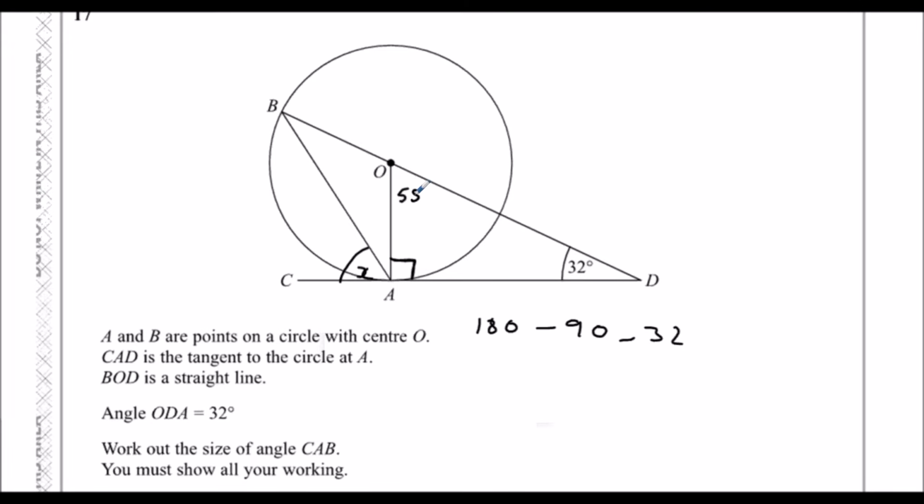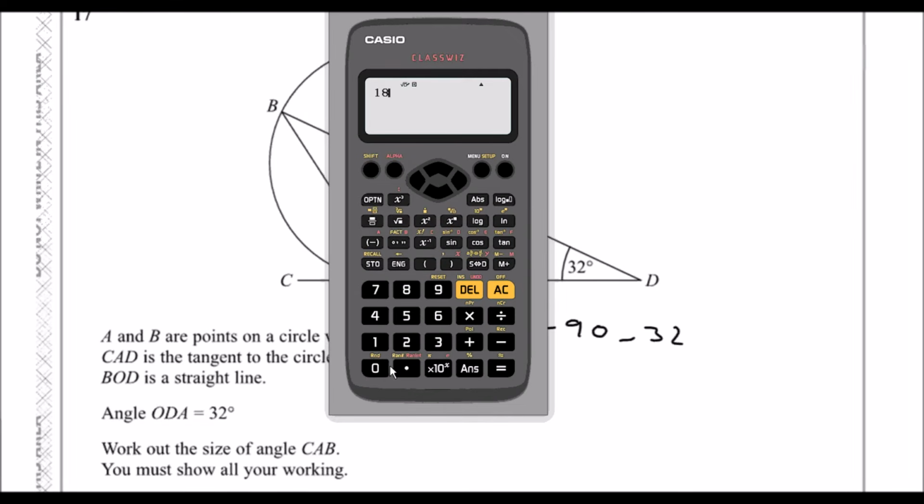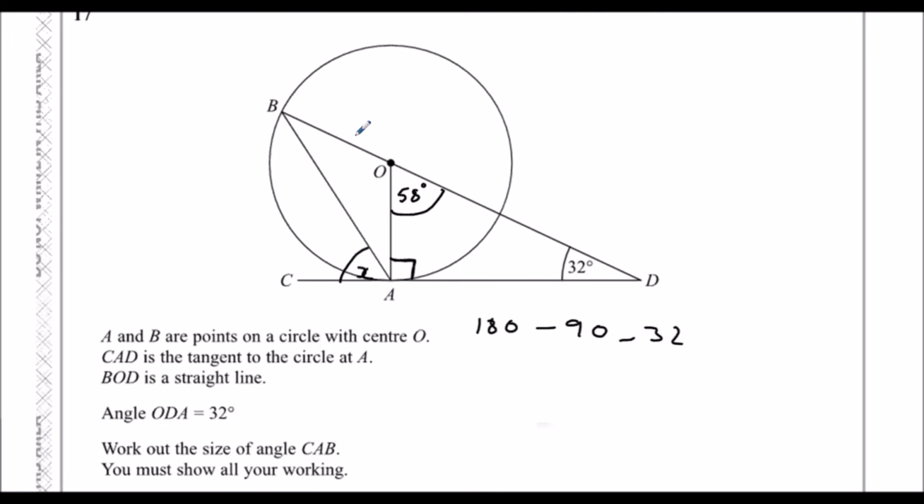So this angle here is 58 degrees. That's on a straight line with angle BOA. So 180 take away 58 is 122, because angles on a straight line add up to 180.